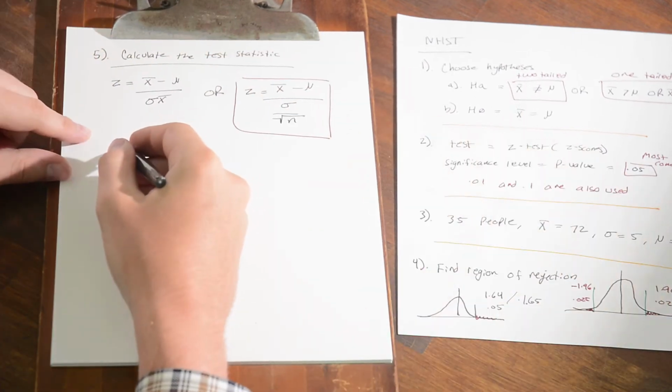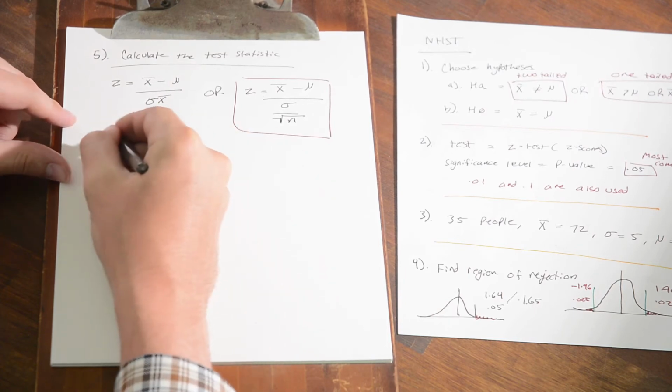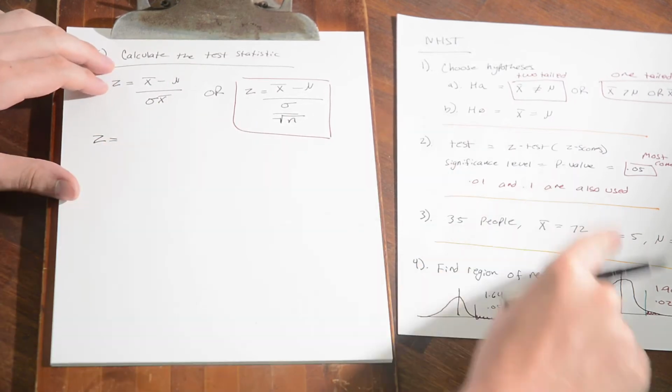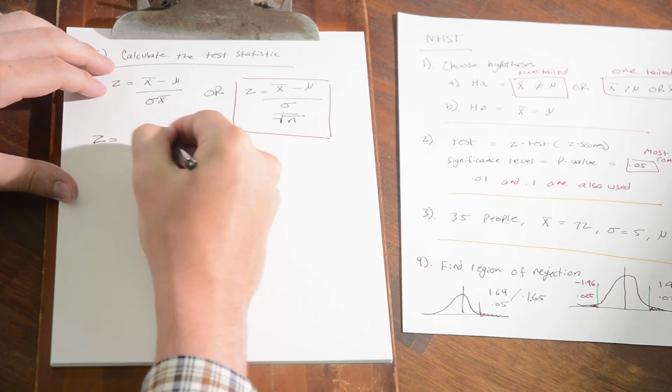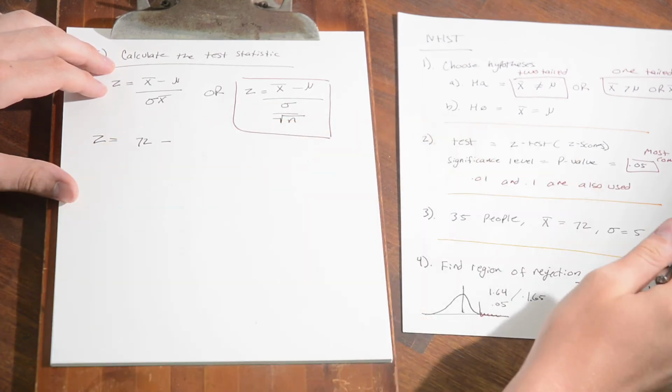And let's see how that looks. So we had z, which we don't know yet, so we'll just put that in. X bar, as we saw, was 72, minus mu, which was 64.